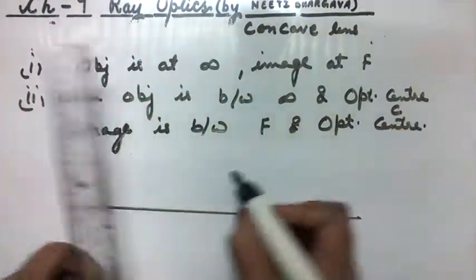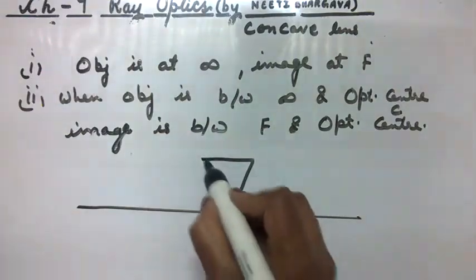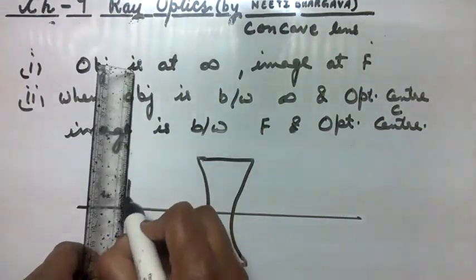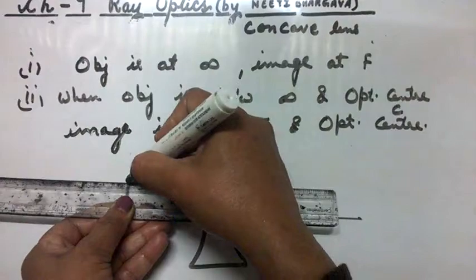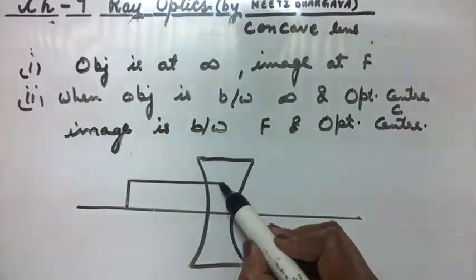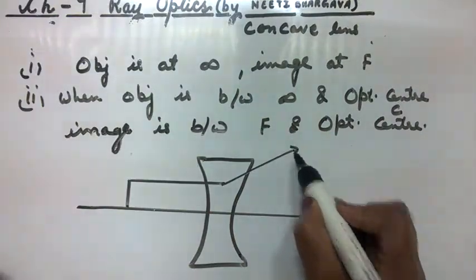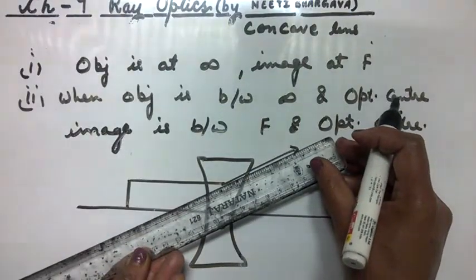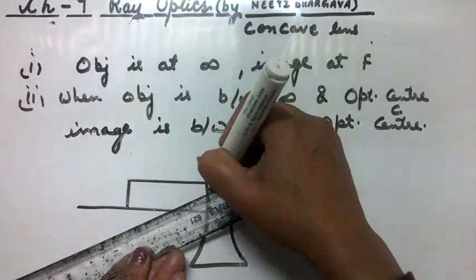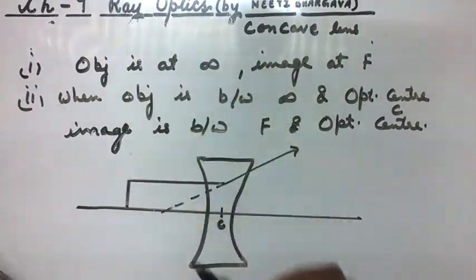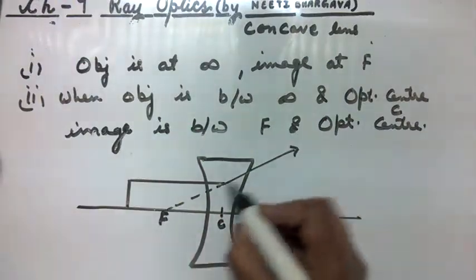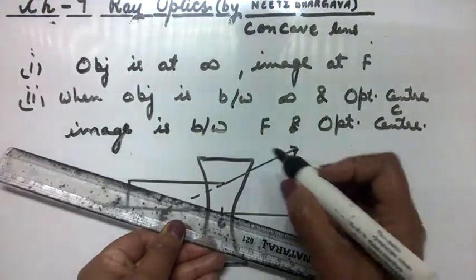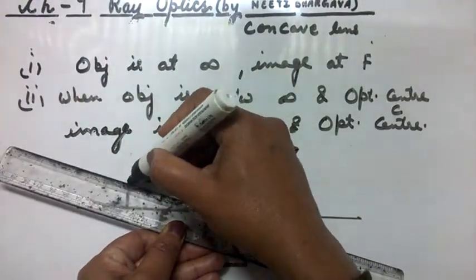Consider any position of the object. The ray passing parallel will refract and appear to be coming from this focus, or refract at focus, and the ray passing through optical center will remain undeviated.